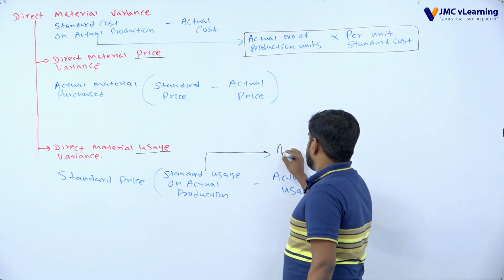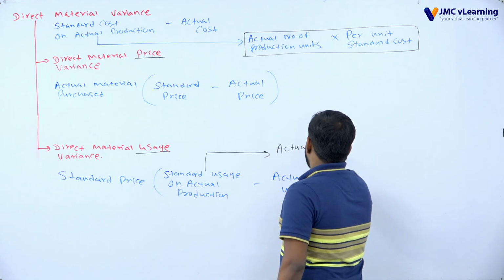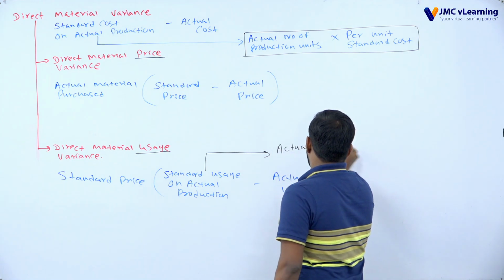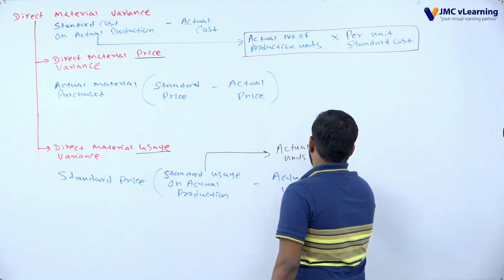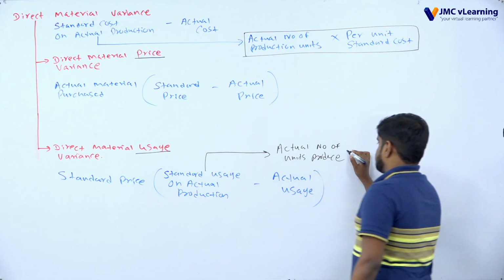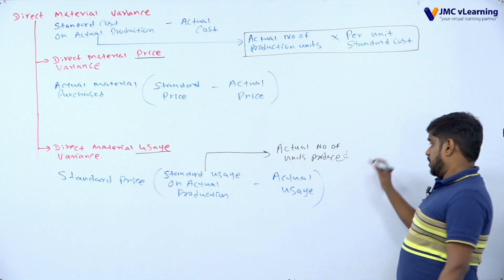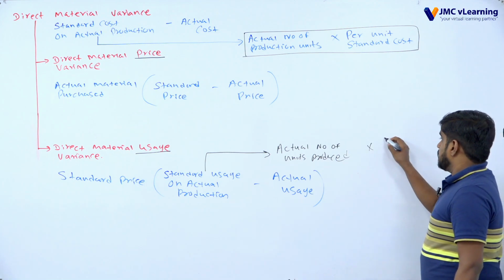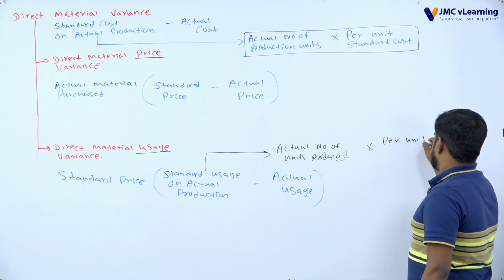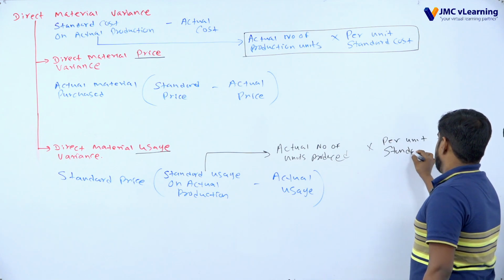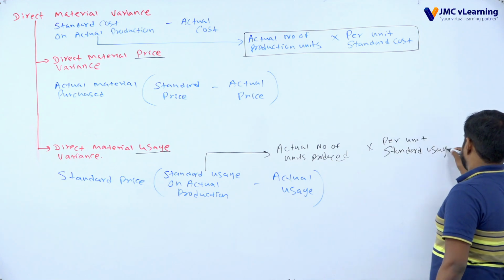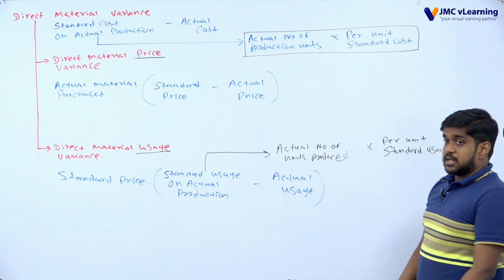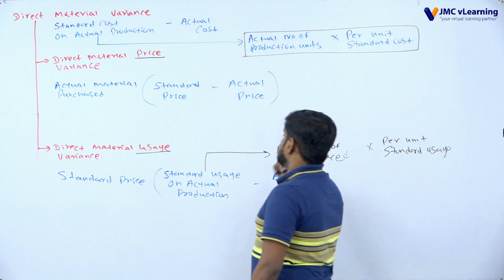We multiply the actual number of units produced by the per unit standard usage of material.